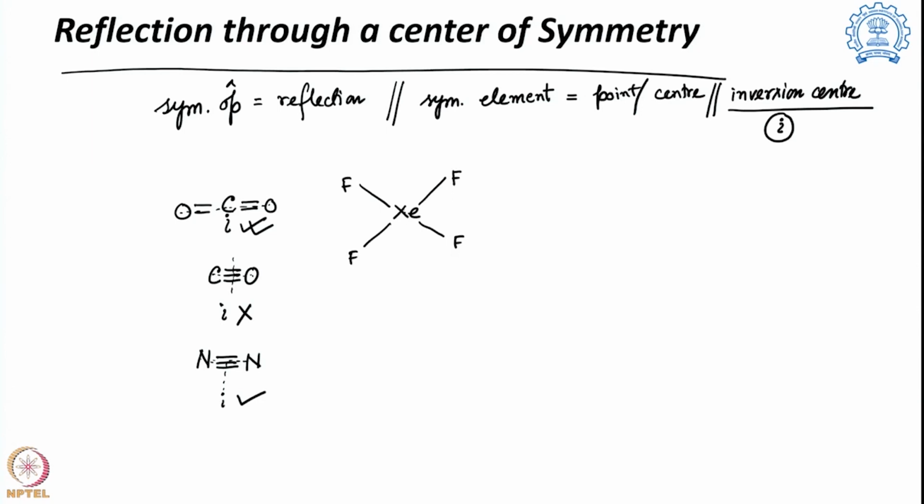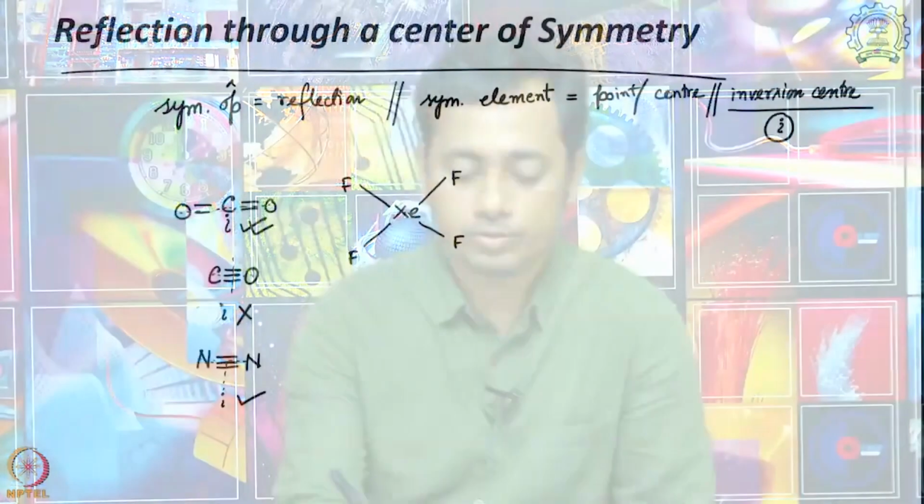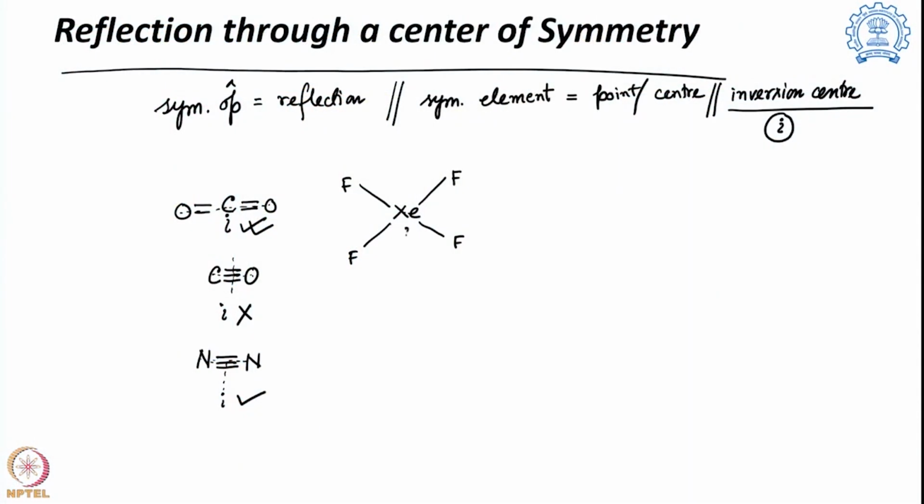Typically if you have a center of inversion, it has to be at the center of the molecule, and the center does not always require an atom to be present there. Over there xenon is present. If there is a center of symmetry, I should see a fluorine on the other side. If I go through there, I see one, and through there, I see one. So I will say it actually has a center of symmetry.